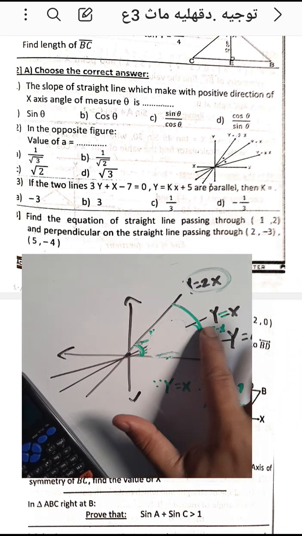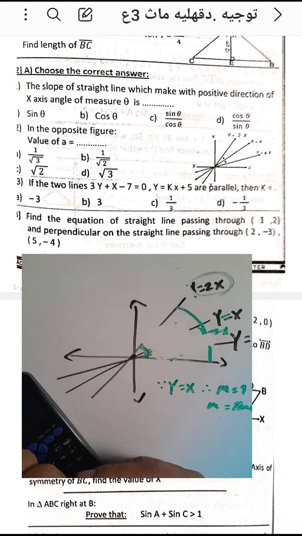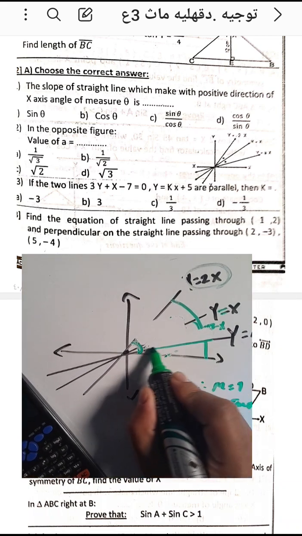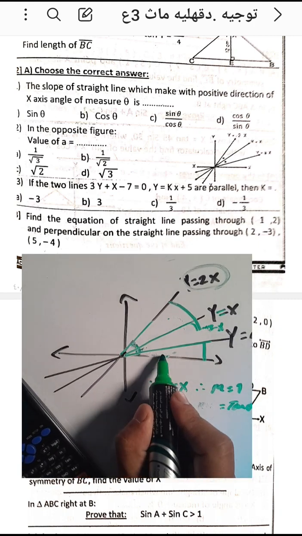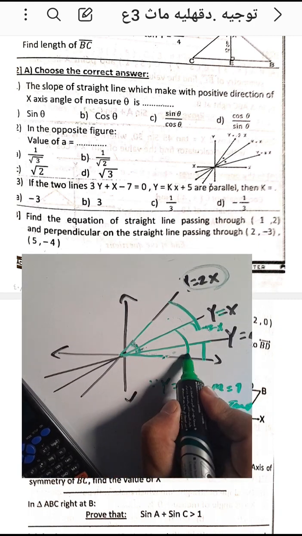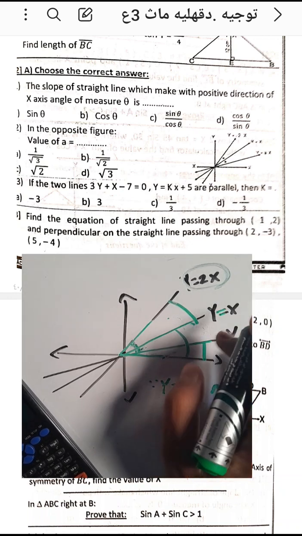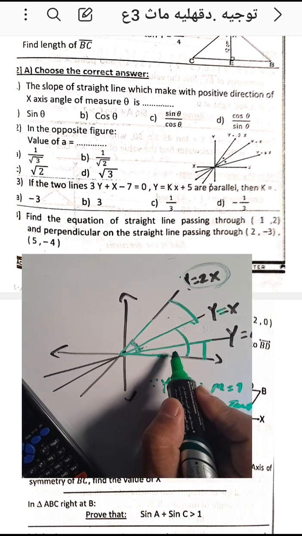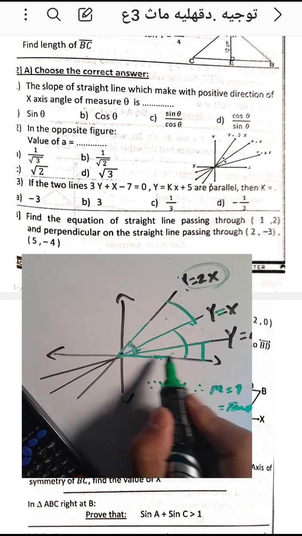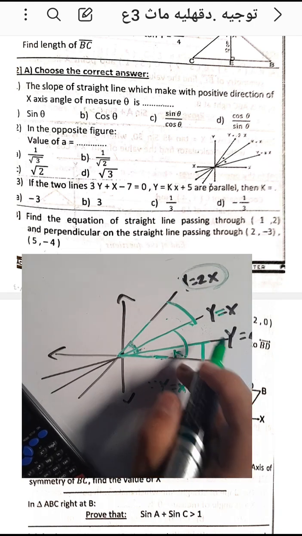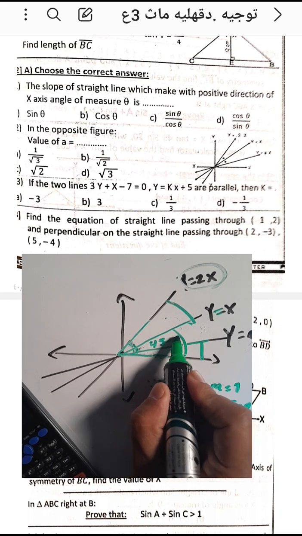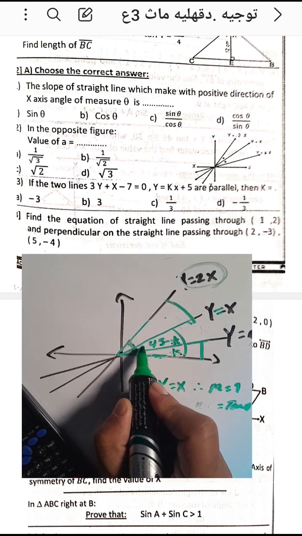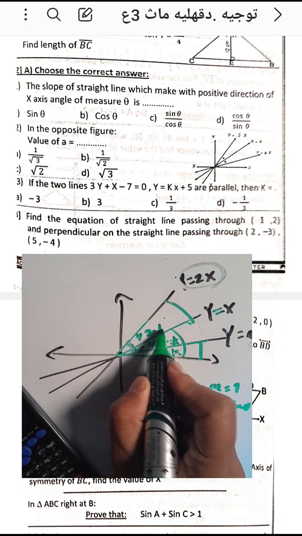Okay, I will draw it again to understand with me. We have here a straight line and a straight line and a straight line. This angle was 45 because the slope here was 1. I put here, it will be k. Then this angle will be 45 minus k, and this angle equals it, then it will be 45 minus k.